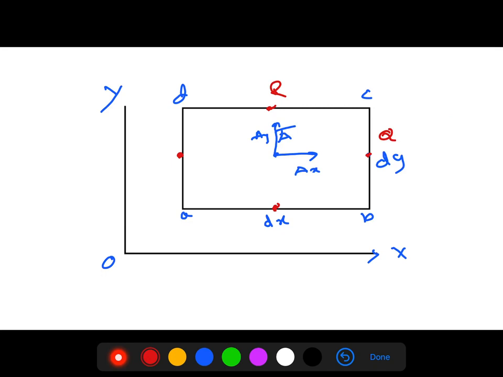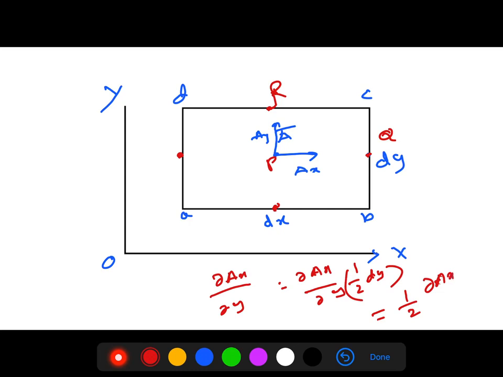Now, the increase in magnitude of Ax going from the middle point P to R is given by dou Ax by dou y into half of dy, as it is in the middle. So finally, we get half dou Ax by dou y into dy.